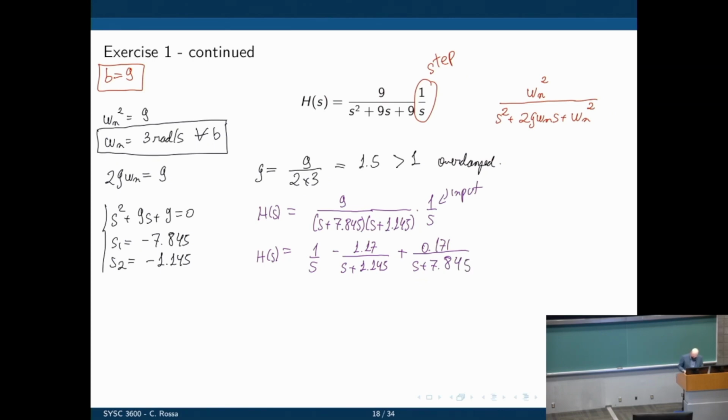If we now take the inverse Laplace transform, it is 1 minus 1.117 exponential of negative 1.145t, minus 0.171 exponential of negative 7.845t.